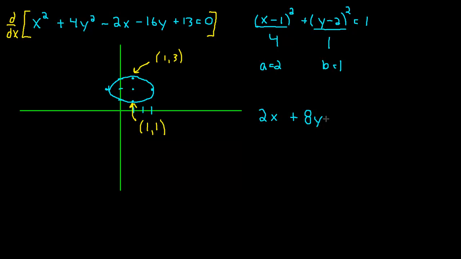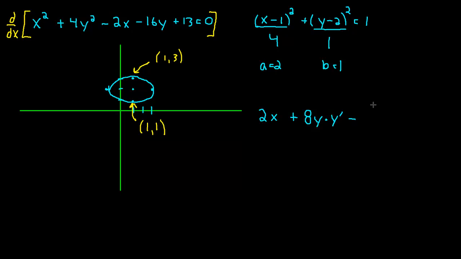Okay, but then the chain rule kicks in, because really there's a bunch of little x's that live inside of this y, and I really have another function inside of this y. I just don't know what it looks like. But that function has x's in it. So the chain rule says take the derivative of your outside function multiplied by the derivative of your inside function. Well, the derivative of the inside function is just a y prime.